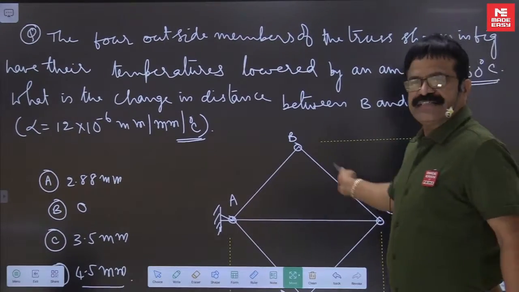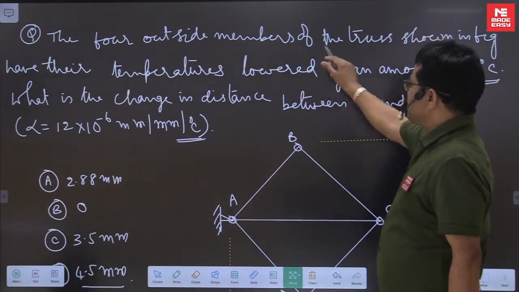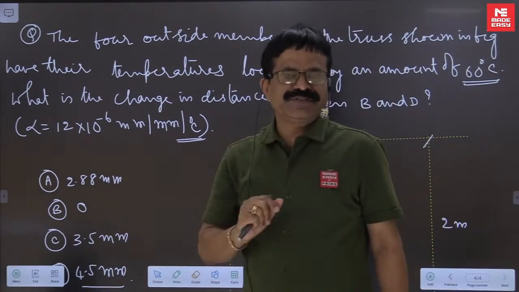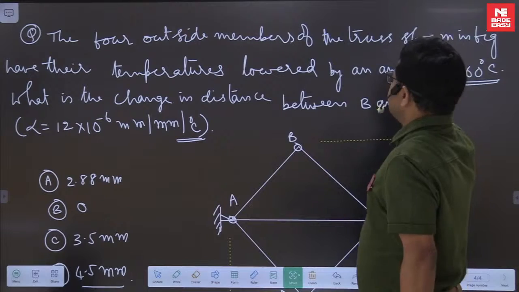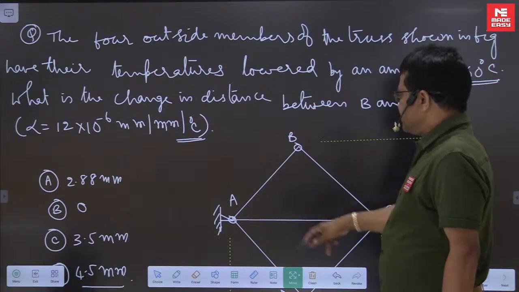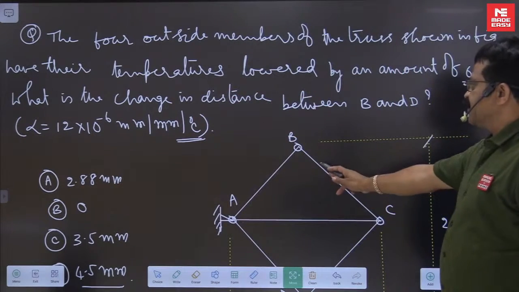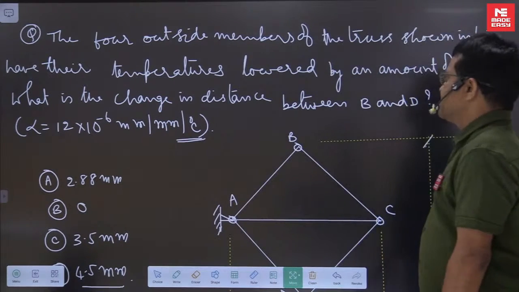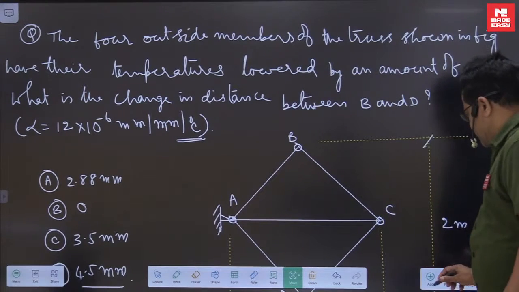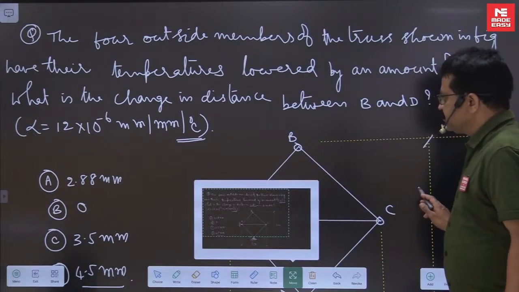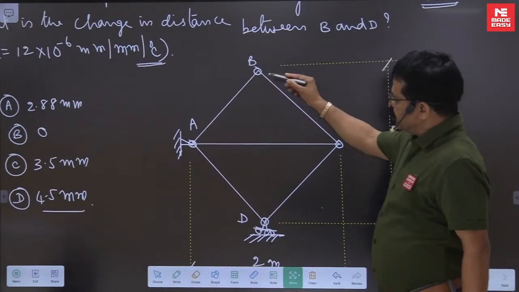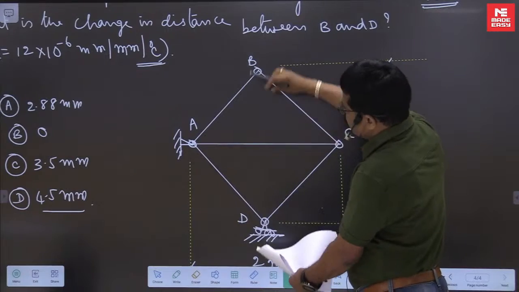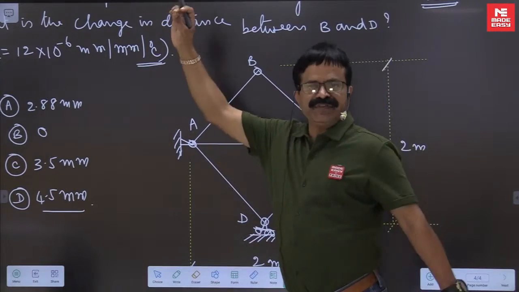We have a truss like this. The 4 outside members, that means in your table, 4 members must come, of the truss shown in figure have their temperatures lowered by 60 degrees centigrade. All members have decrease in temperature by 60 degrees. What is the change in the distance B and D? That means because the temperatures are lowered, how much the B and D joints moved towards each other or away from each other?